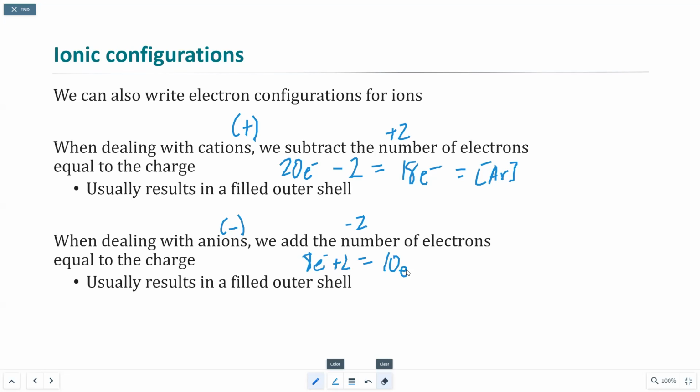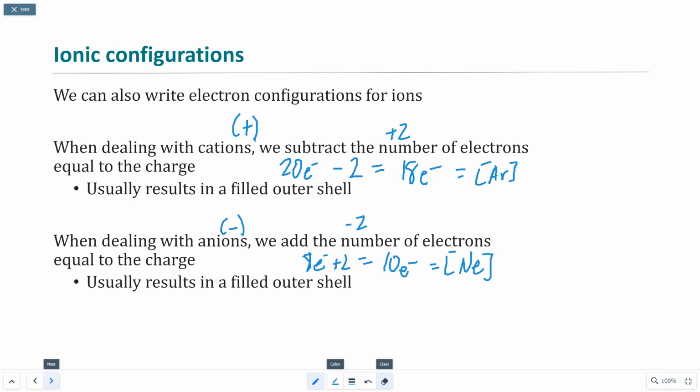That gives me 10 electrons in total. The 10 electrons would take on the configuration of the element that has 10 electrons, which in this case would be neon. Again, usually when we deal with anions, the result is a filled outer shell of electrons.